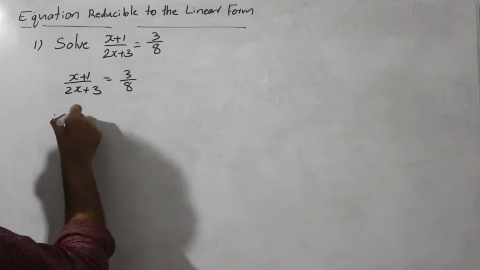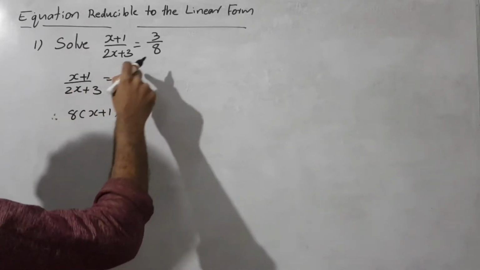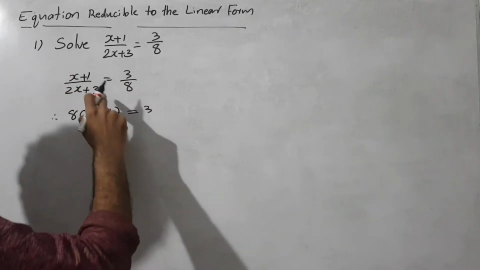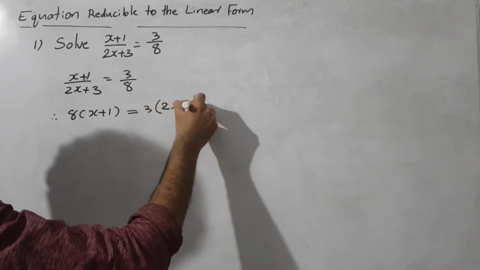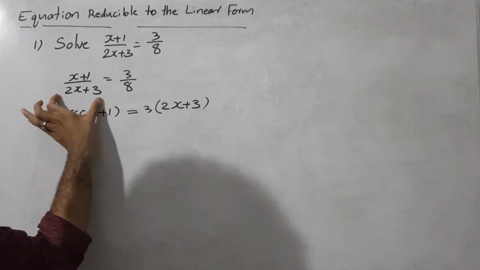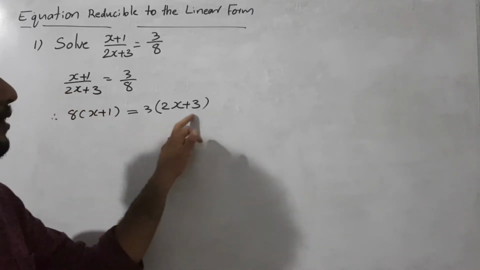8 into (x plus 1) is equal to 3 into (2x plus 3). 2x plus 3 is a combination of terms, an expression with the terms 2x and 3, so we need to put the bracket.